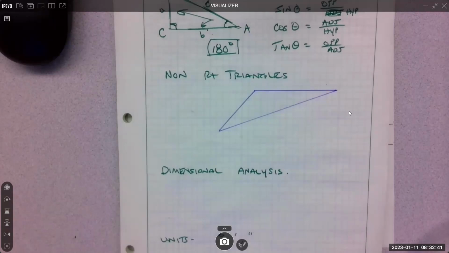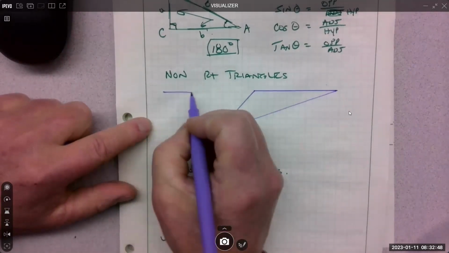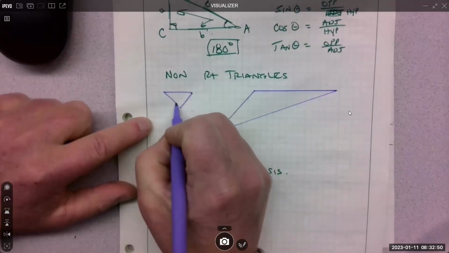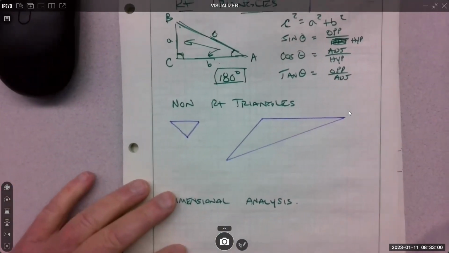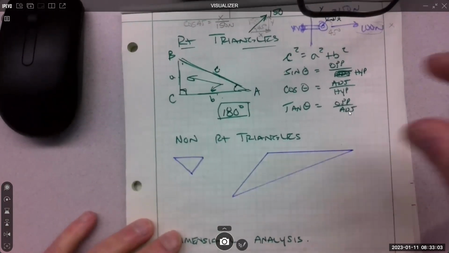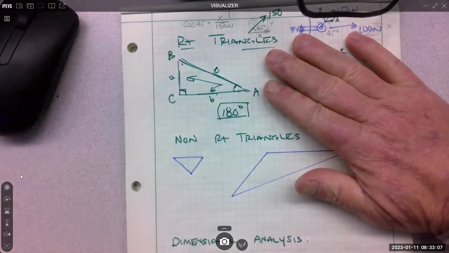Oblique meaning there's one angle greater than 90. Acute would mean all angles are less than 90, but I don't really care about that. Non-right is what we care about, right? If it's a non-right triangle, we do not get any of this. None of this is available, goes away.